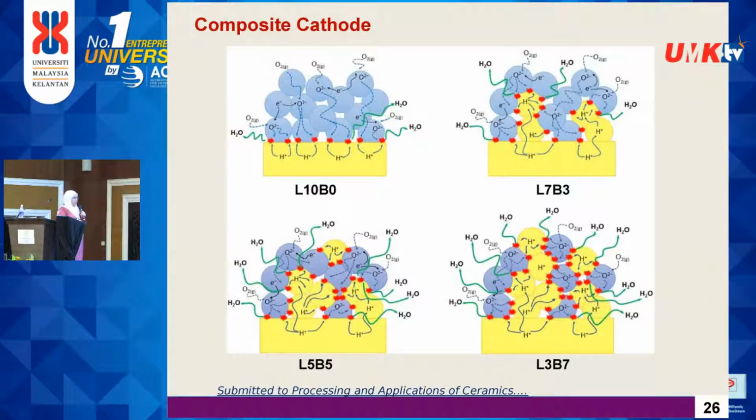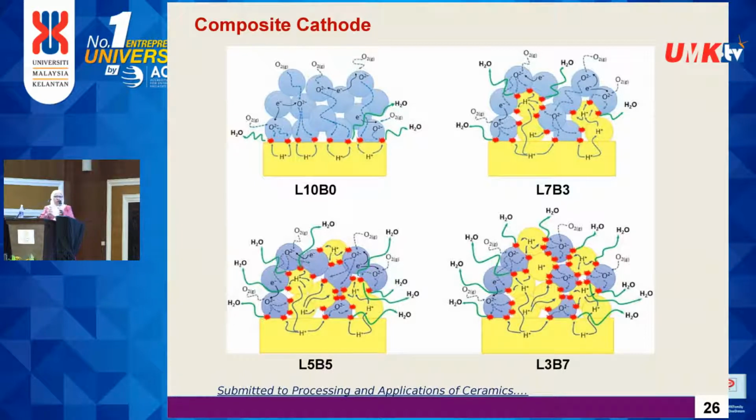After studying these three different compositions, we found that the best ratio is L7B3, meaning 70% mixed ionic electronic conductor and 30% proton conducting phase.